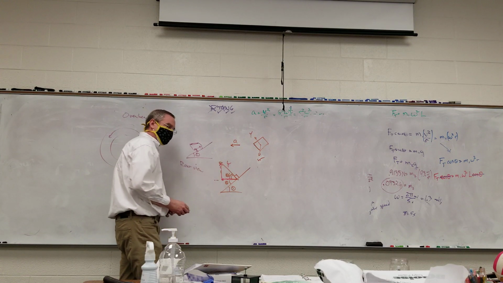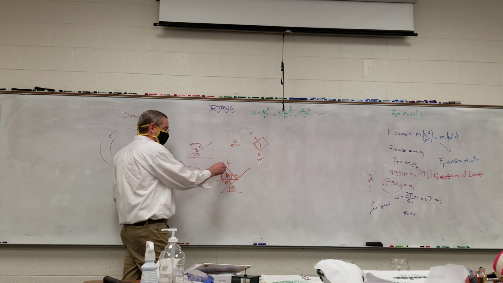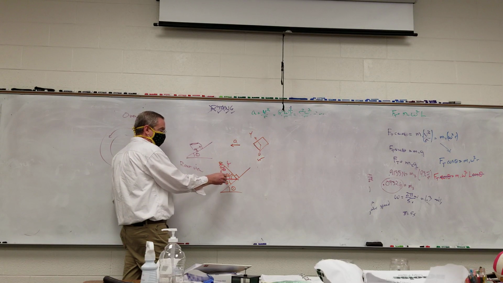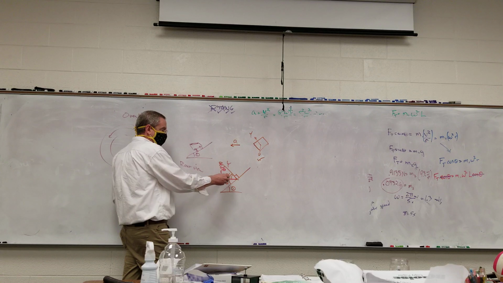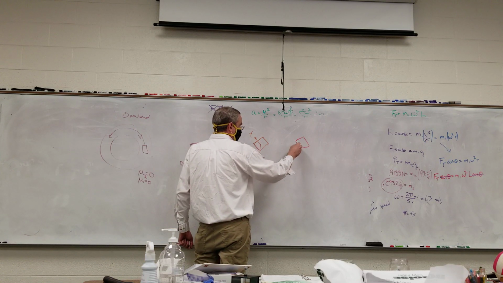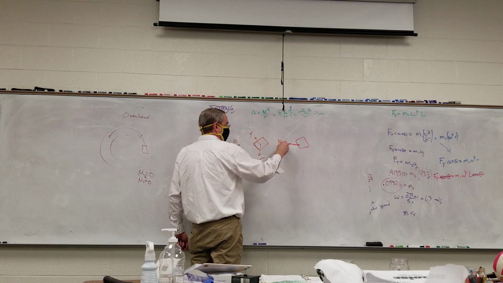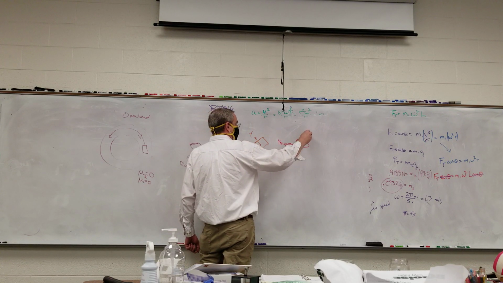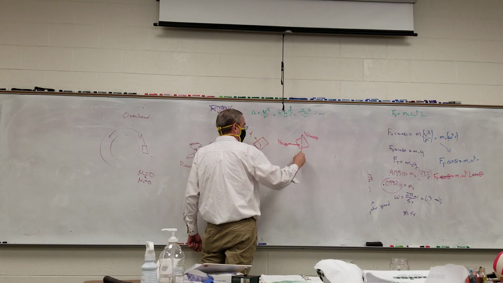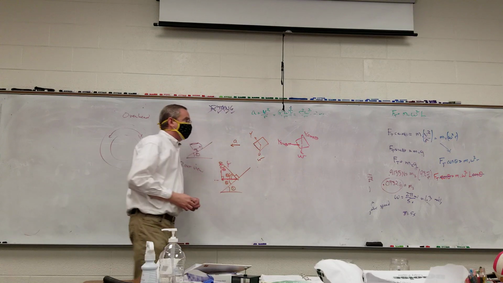There's my triangle right there that I'm breaking up. This angle up here is theta, because that's the complement of theta. And so my horizontal piece is N sine of theta. My vertical piece, N cosine of theta. And then weight down.